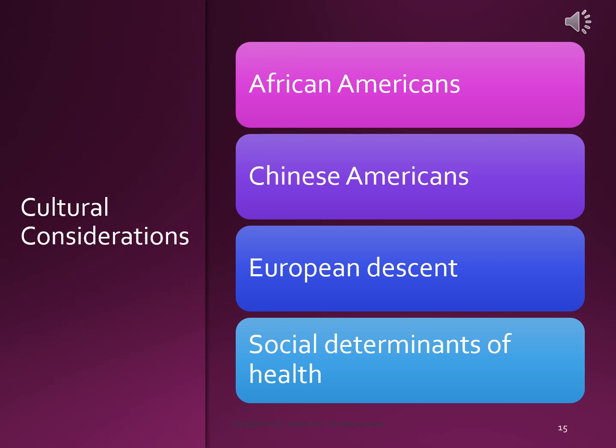So they respond better to diuretics than beta blockers. So when providers are looking at drug therapy for African Americans, they might look at it a little bit differently than, say, they would another cultural group. For whatever reason, African Americans also have a higher rate of non-adherence, higher rate of complications, and higher mortality rates.